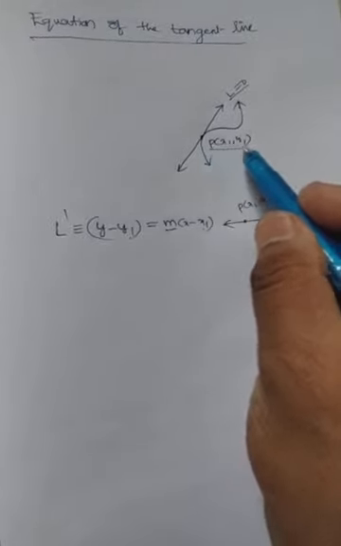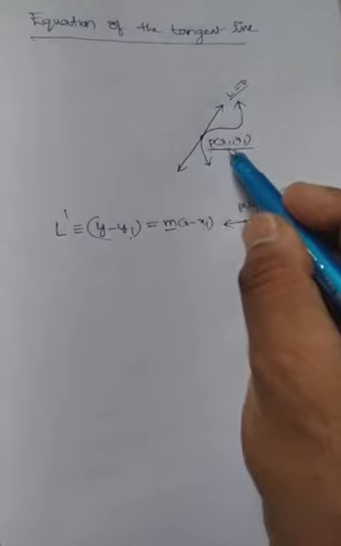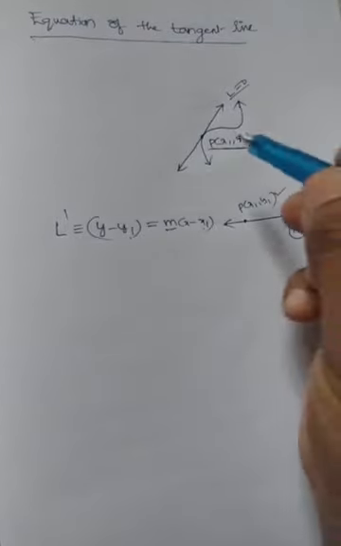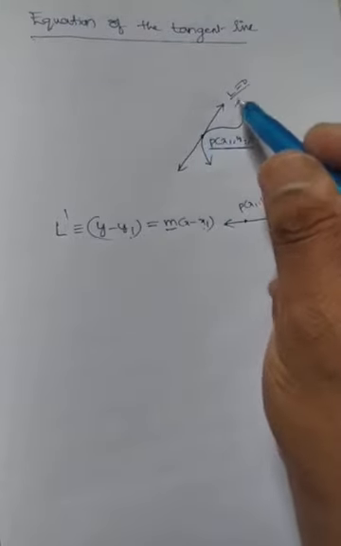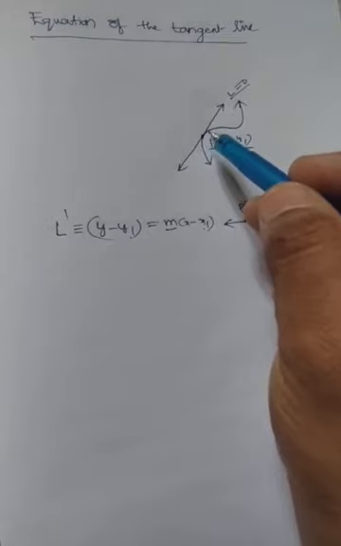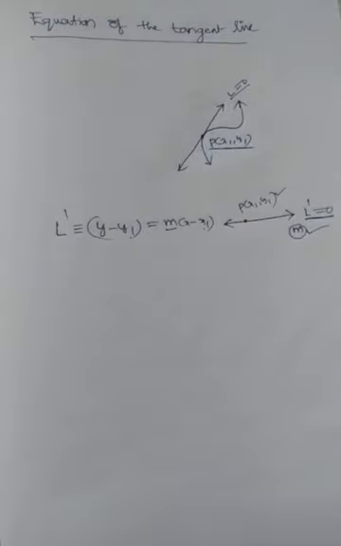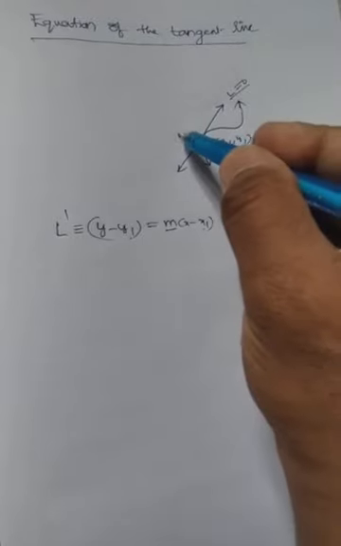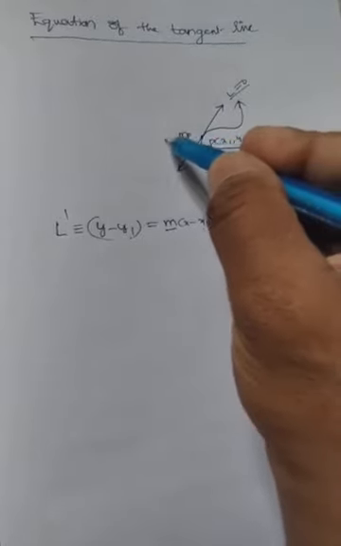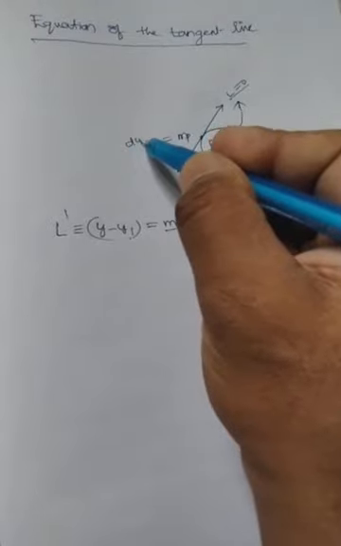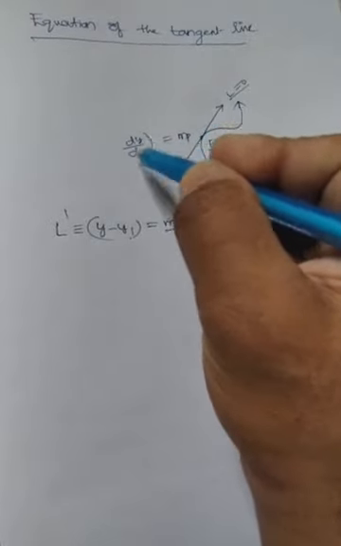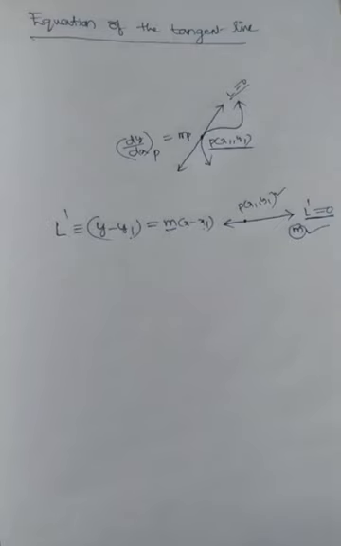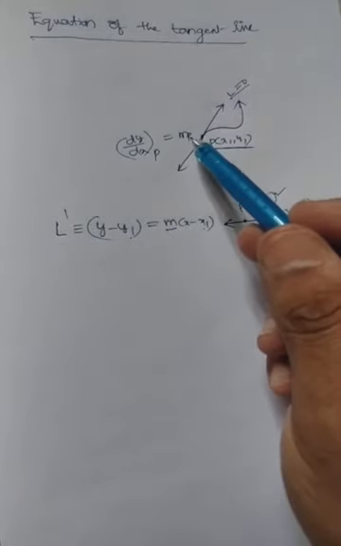The point of contact is P of x1 comma y1 that we have here, and we can find the slope of the tangent line by using the derivative, as we learned. So what is the slope here? M at P is none other than dy by dx at point P. Already we learned with an example how we can find the slope of the tangent line.